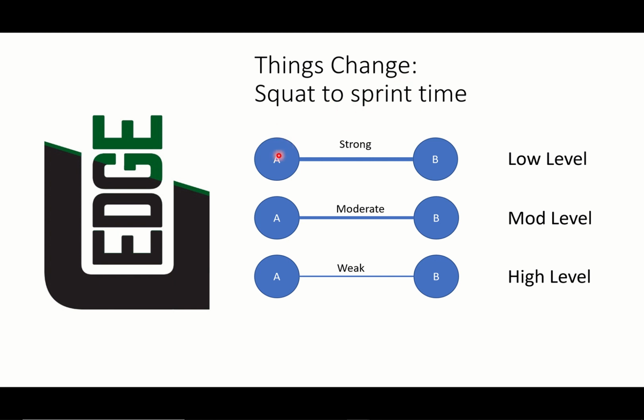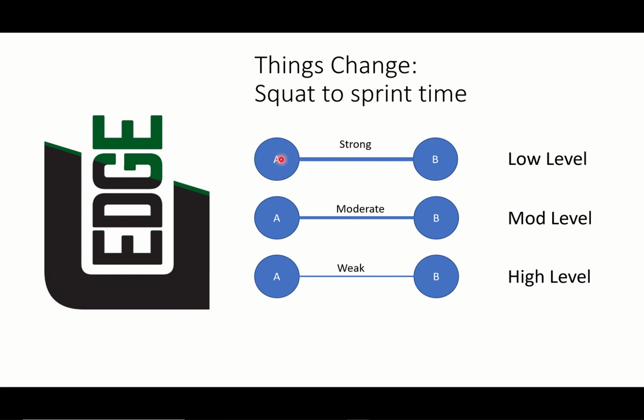Early on, squat and sprint time have a direct, strong relationship. As you squat more and get stronger, sprint times go down. But as you increase your proficiency at sprinting, this relationship becomes moderate and even weaker. So it doesn't mean that if you constantly improve squatting, sprint time will forever improve.